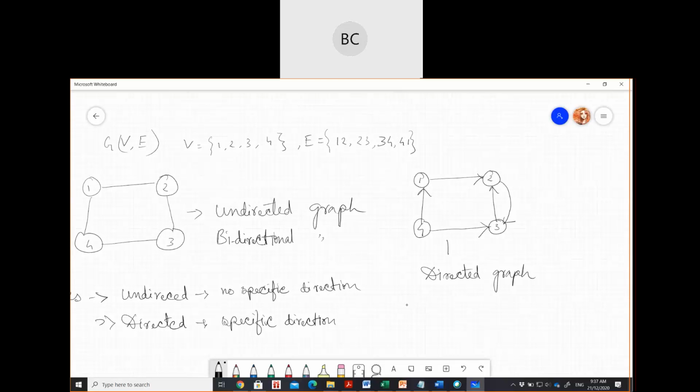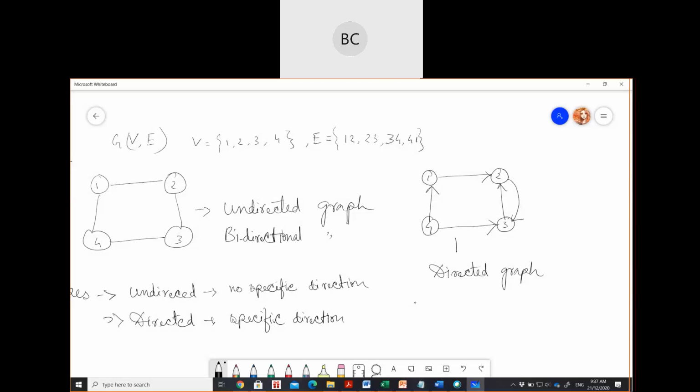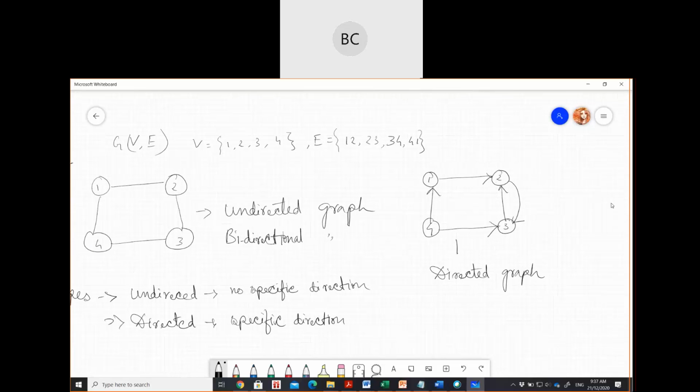Just look at these two figures. Now, why is the undirected graph bidirectional? Not because it points in two different directions. It is called bidirectional because you can go either way.